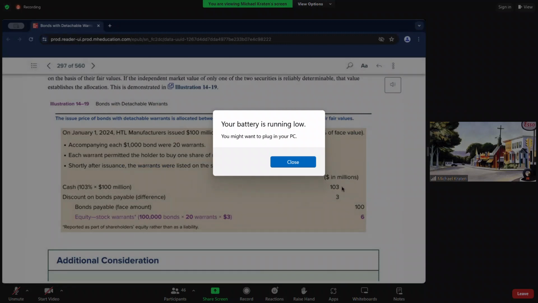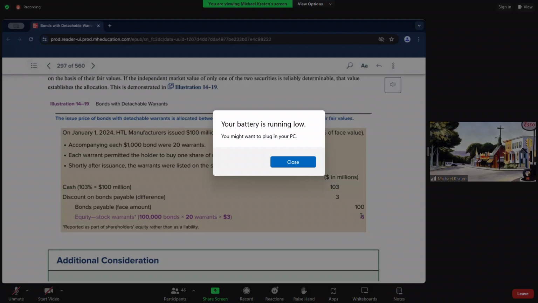And then I finally say, I'm getting cash. But it's no longer accurate to say the cash is worth the debt of 103, because the cash of 103 I'm getting is for the debt and for the warrants.